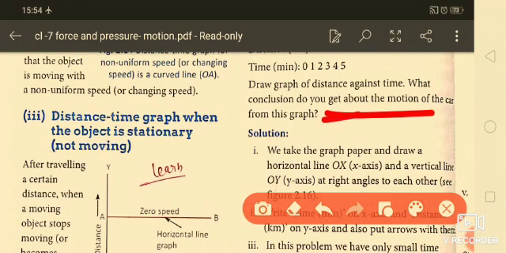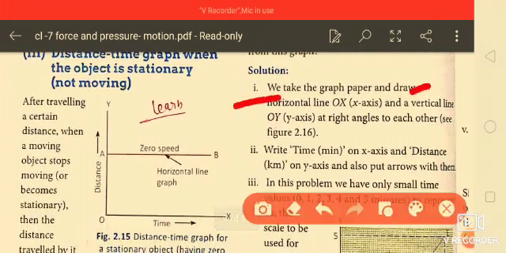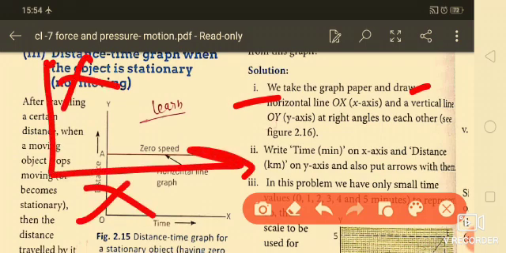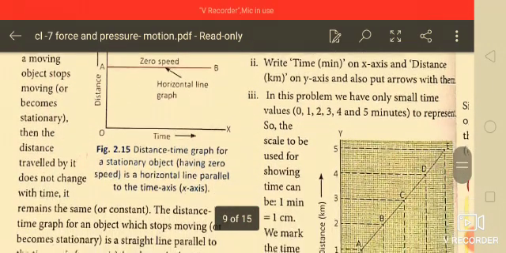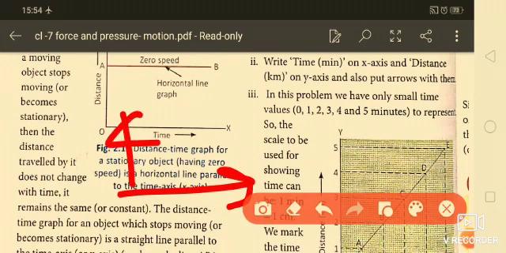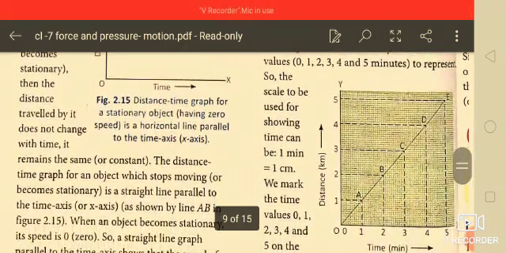In the solution we will take graph paper and draw a horizontal line, that is the x-axis, and a vertical line, that is the y-axis. Write time in minutes on the x-axis, and on the y-axis mention distance.